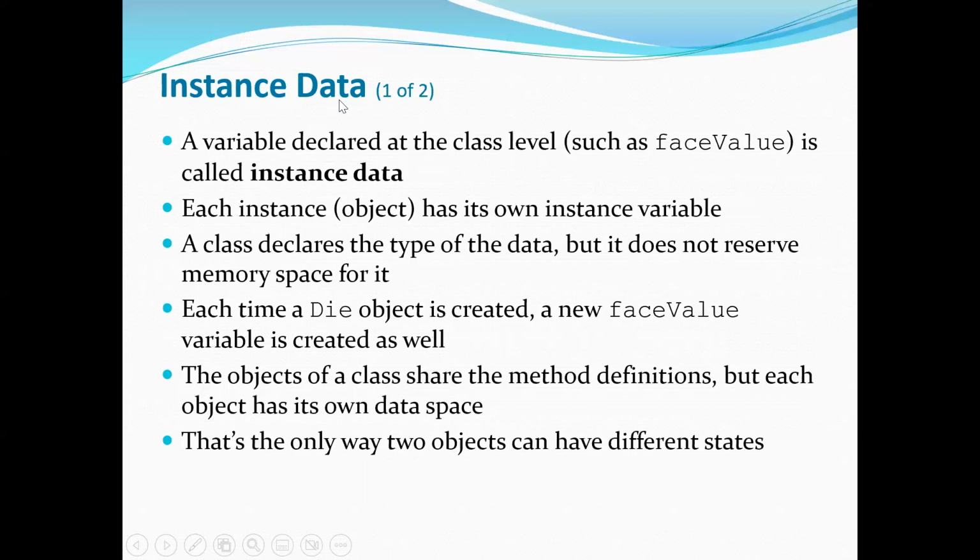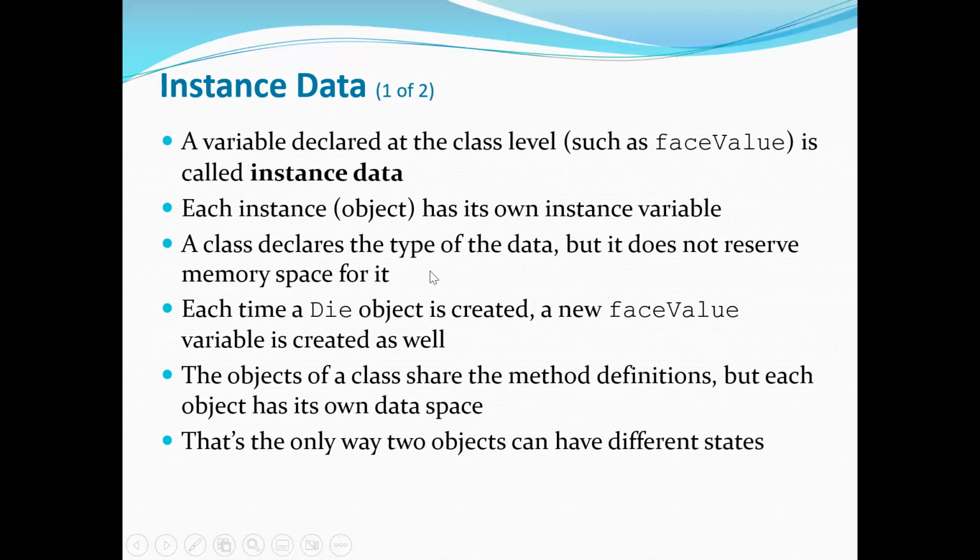We also have instance data. A variable declared at the class level, such as faceValue, is called instance data. Instance data is declared at the class level, not the method level, so each instance or object has its own instance variable.